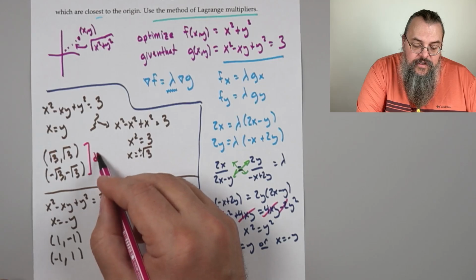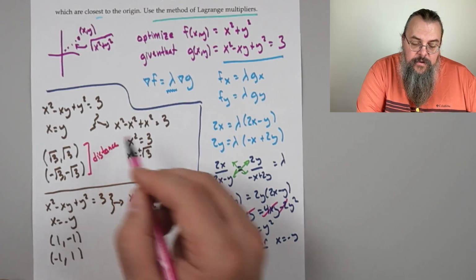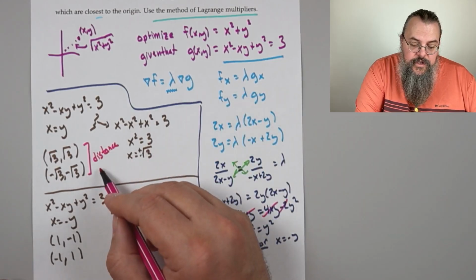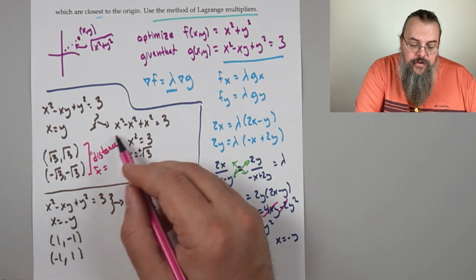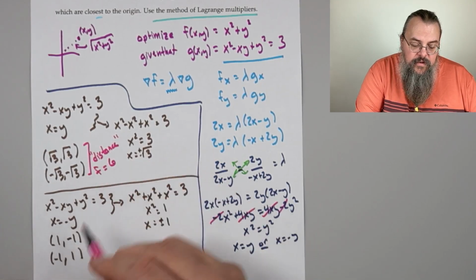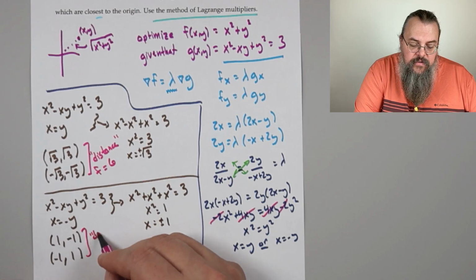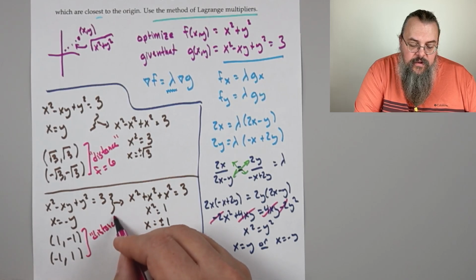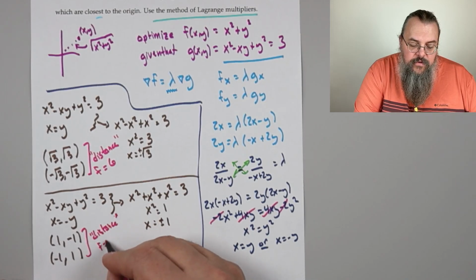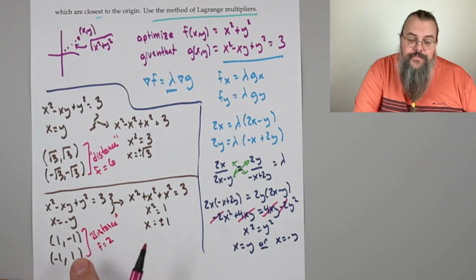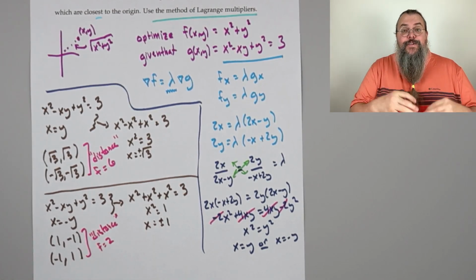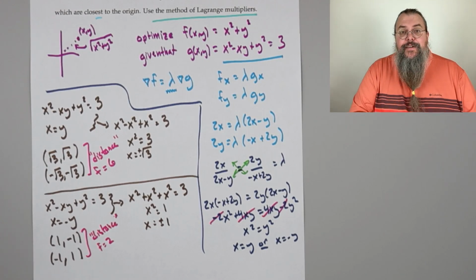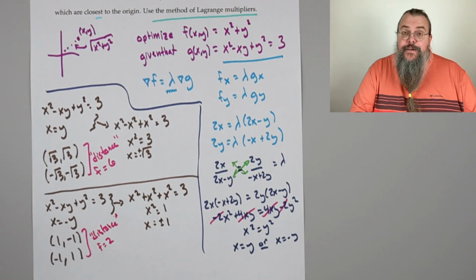Here our distance, we can say our function is f. We'll put distance in quotes. F is 6. Here our distance, what we're trying to optimize, our f is 2. So this pair of points are the ones which minimize our function on the curve.